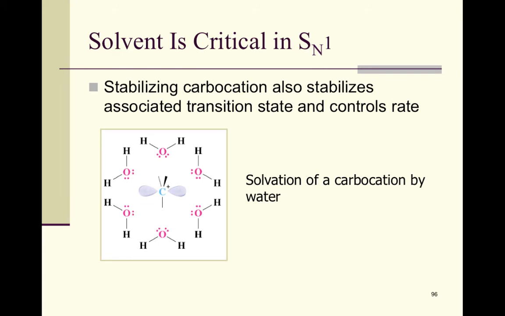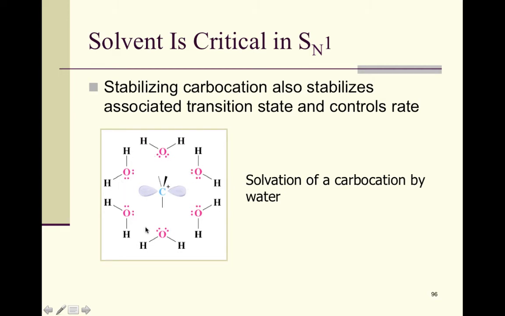Solvent is critical in SN1. So we're going to do this reaction in some sort of solvent. What kind of solvent works best? Well, if we can stabilize that carbocation and keep it in the carbocation form long enough for the nucleophile to finish the reaction, then we have a much better reaction. Let's take a look at solvation. Solvation of a carbocation by water.